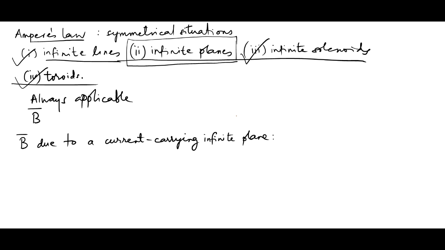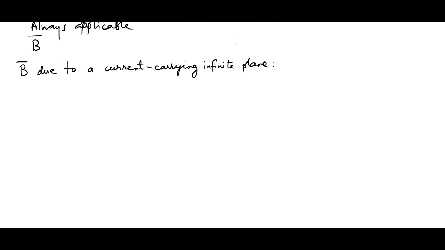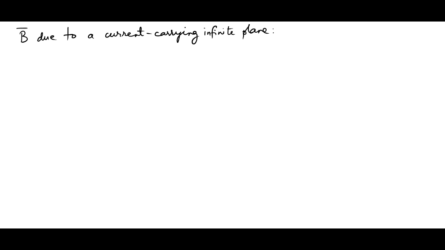First of all, let us be clear as to what exactly we are talking about. We want to find B bar due to a current carrying infinite plane. It's a plane in which current is flowing.